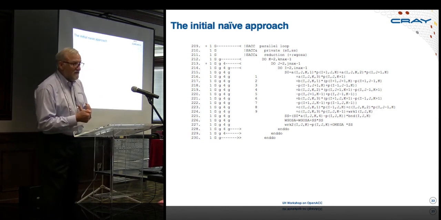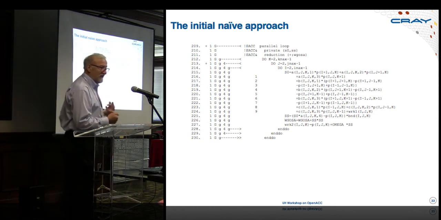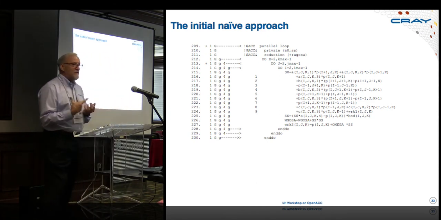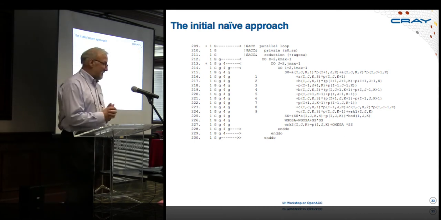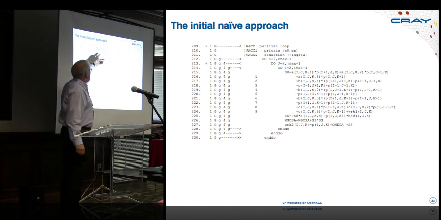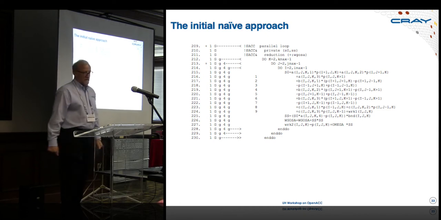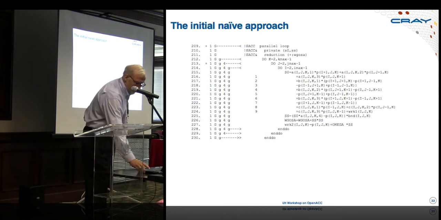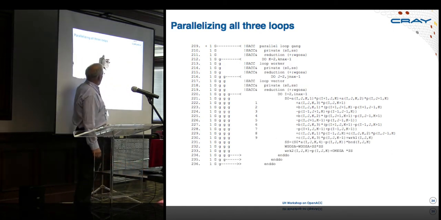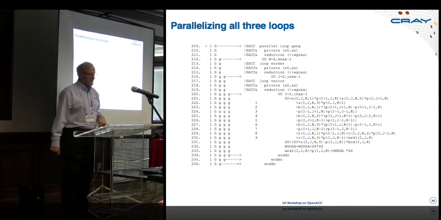You have gangs, you have workers within the gang, and then you have vector, which is the number of threads that are going to be SIMD. So basically all this is doing is a gang of vectors. Now I can convince it to employ worker as well. So I have gang, worker, and vector.